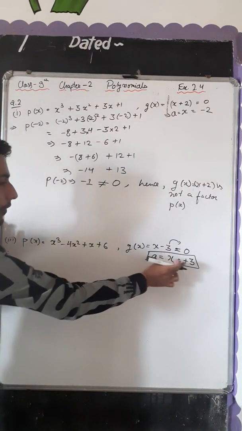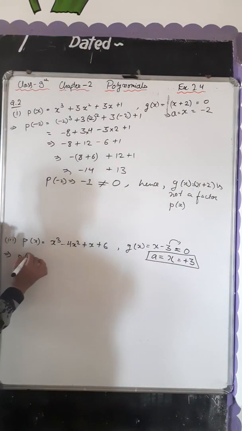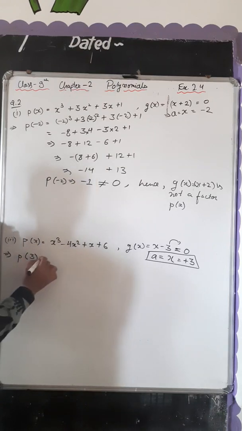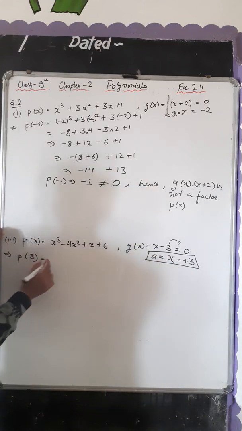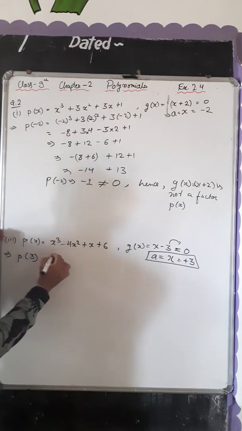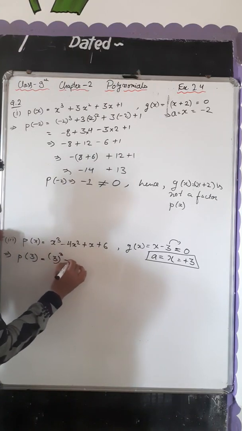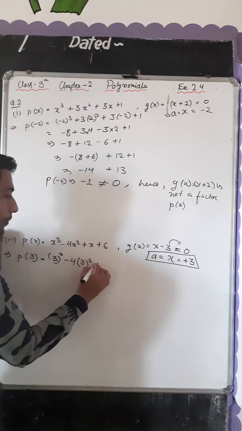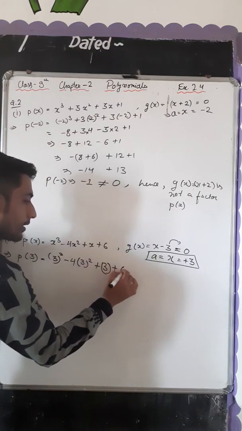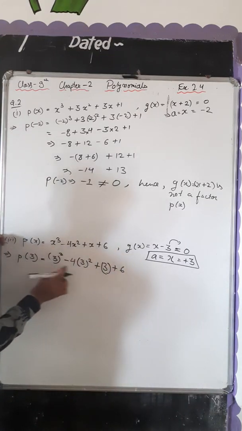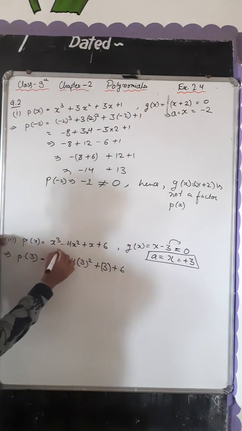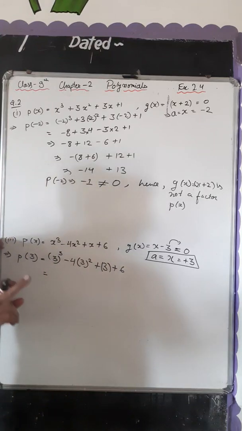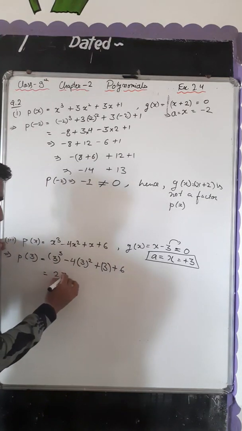Put this value of a here. P(3) is the value of the polynomial when x or a is equal to 3. When the value of x becomes 3, put 3 cube minus 4 into 3 square plus 3 plus 6. Wherever there is x, we put 3. Then the cube of 3: 3 3s are 9, 9 3s are 27.